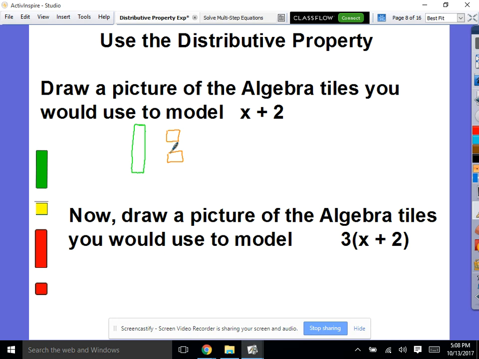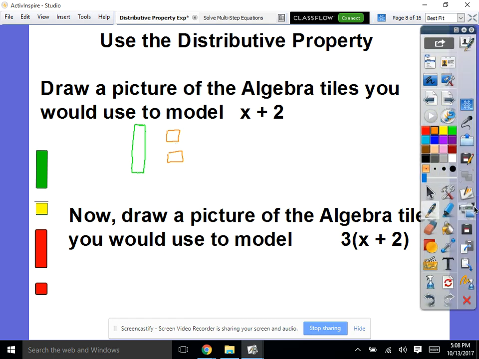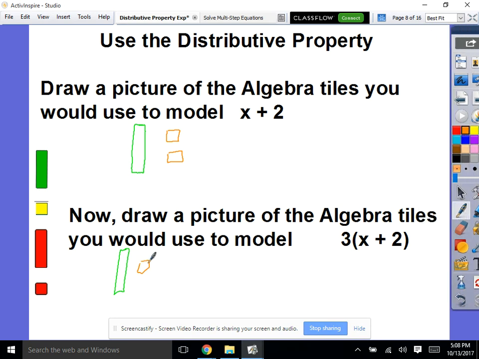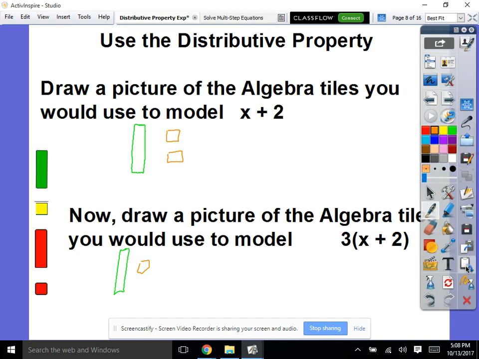Now, what if I wanted to draw a picture of the algebra tiles I would use to model 3 sets of x plus 2? Well, I would go back. X plus 2. Ooh, that didn't look too good, did it? Let's go back on that one.